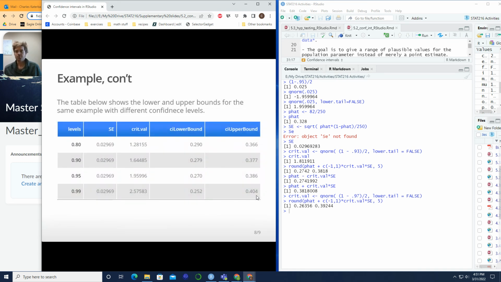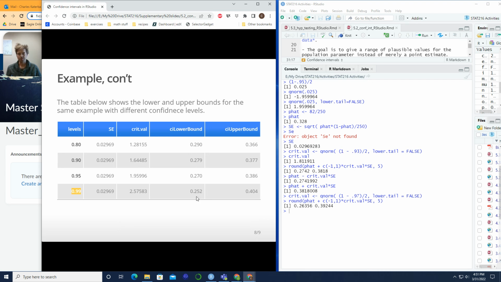The last thing I wanted to do is show you a bunch of different confidence intervals for the same estimate. So this is all based off the same data from before, but our confidence levels are going to increase. So we're starting with an 80% confidence interval, a 90% confidence interval, a 95% confidence interval, and a 99% confidence interval.